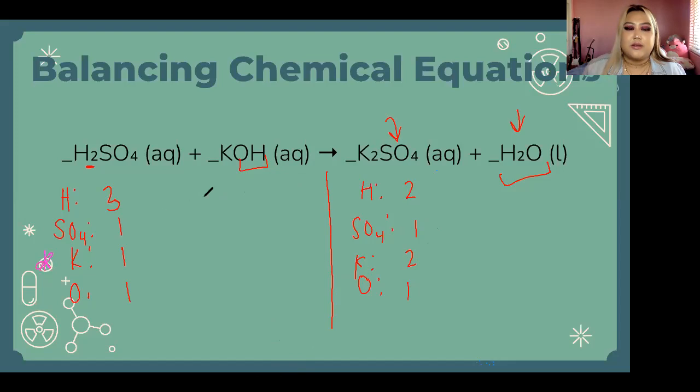So on this one, what do you want to put in the front? A coefficient of 2. So we put 2 here. What does that make the rest of the elements? O would be 2 and H would be 4. And this one stays the same. So does that match?